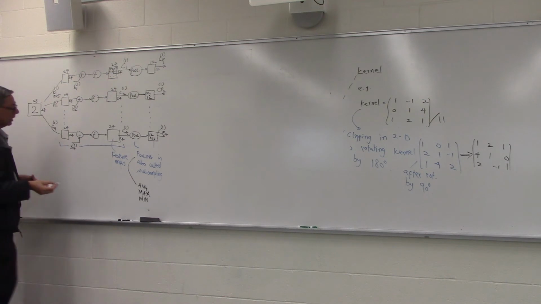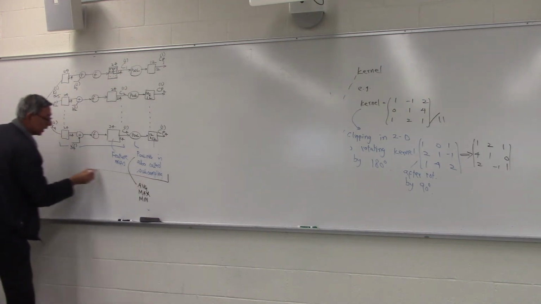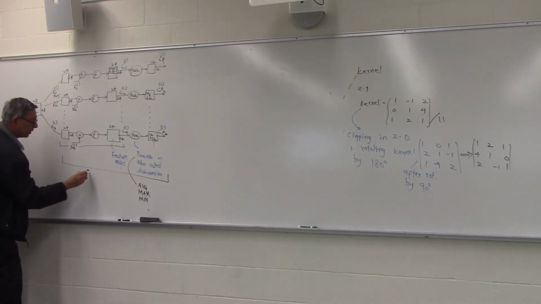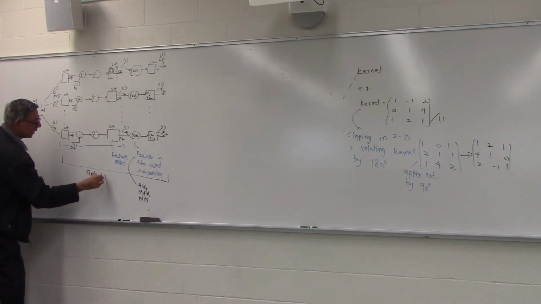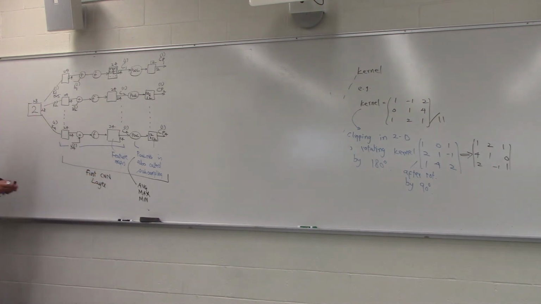Anyway, this whole thing is our first CNN layer. Now we can create more layers, but here's a small thing you have to watch out for: the architecture of the first layer is different from the architectures of the following layers.